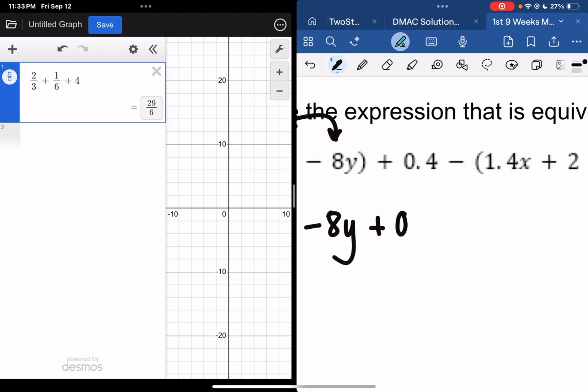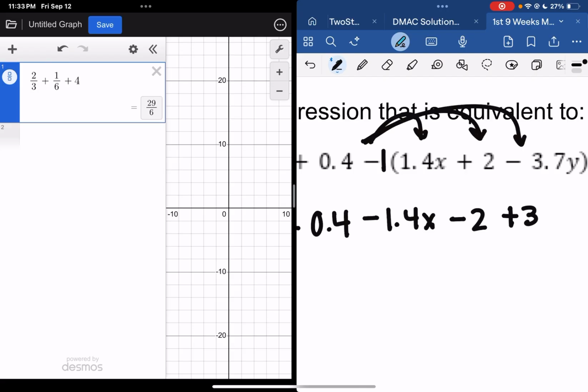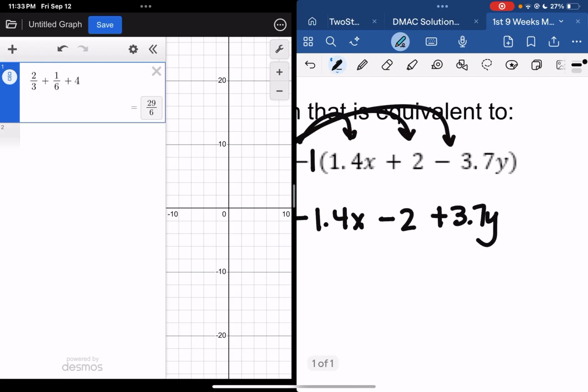Bring down this 0.4. Same thing here, I'm not distributing the 0.1 or 0.4. I'm distributing the negative 1. So that's a negative 1.4x, a negative 2, and then a positive 3.7y.